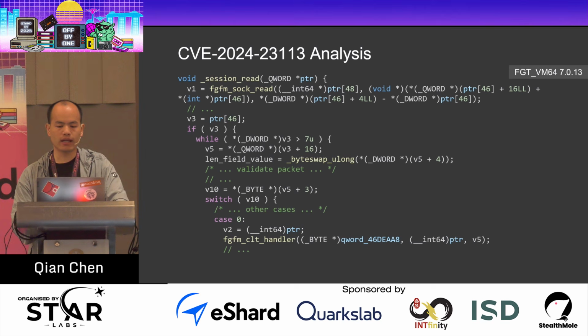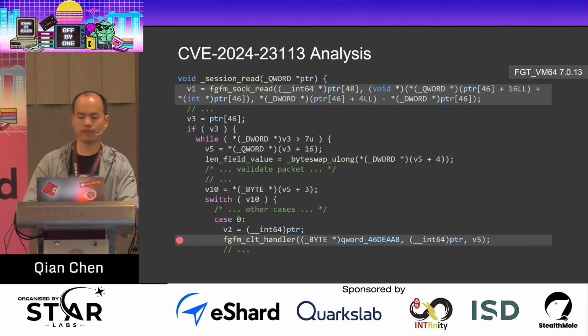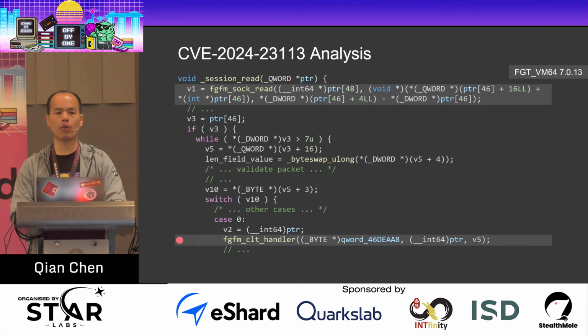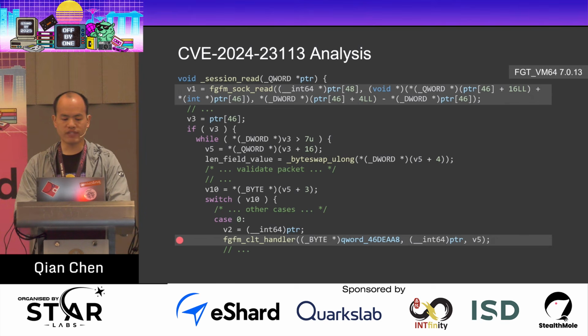Looking at the code at 7.0.13, in the function session read, it first reads data from the socket using FGFM socket read, then performs some basic packet validation. In normal cases, if the opcode is 0, the FGFM CLT handle function will be called.